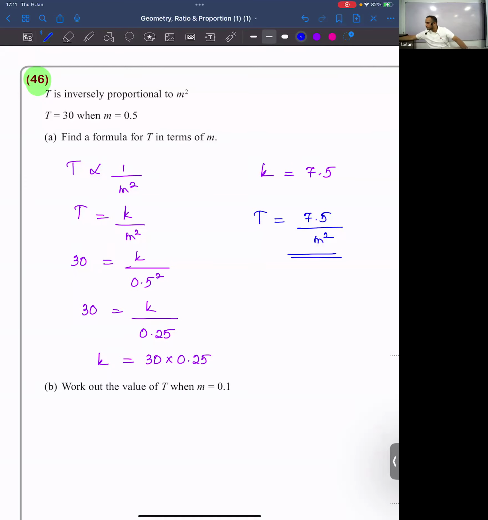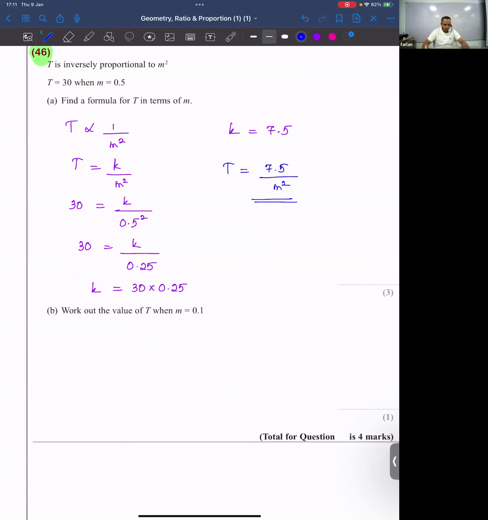And then part B, work out the value of T when m is equal to 0.1. So now T is equal to 7.5 over m square.